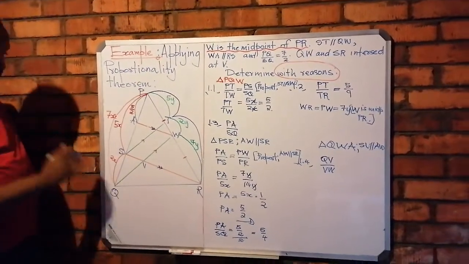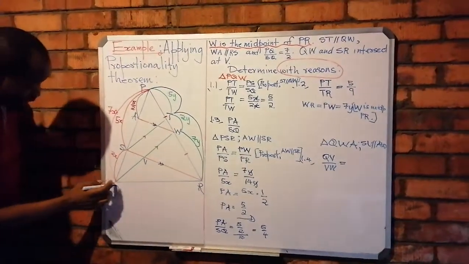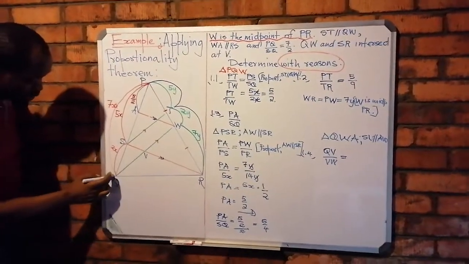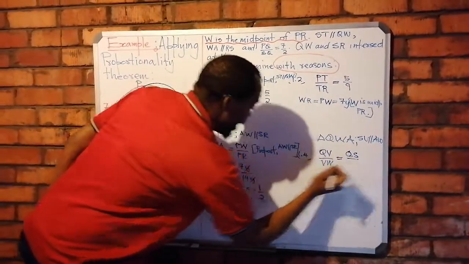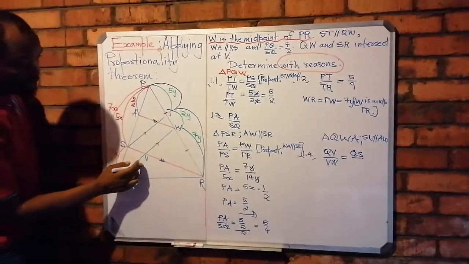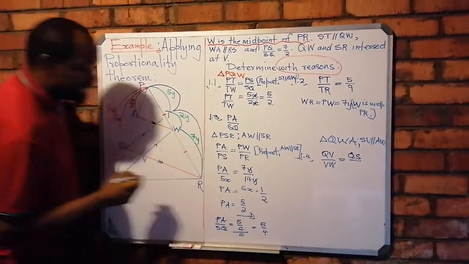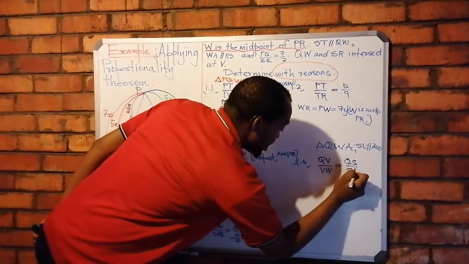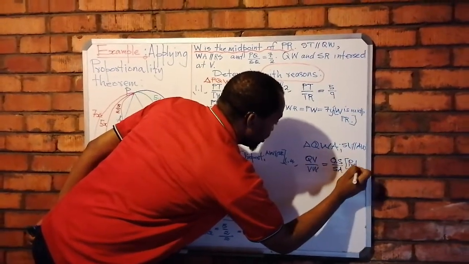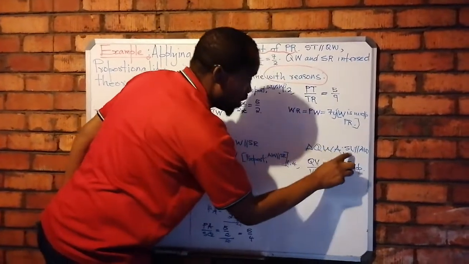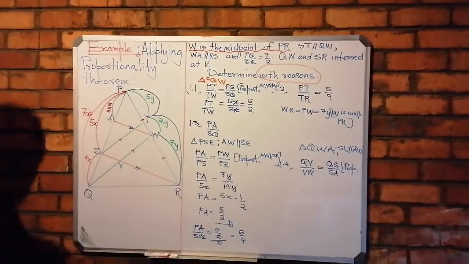That is why I'm going to say, remember it was QV, it is QS divided by, it was VW, it is SA. Now, our reason is proportionality theorem, where SV is parallel to AW.